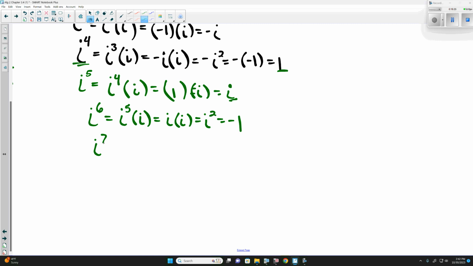So i to the sixth, we got negative 1. i to the seventh, well, i to the sixth times i is negative i. Anybody have a guess at what i to the eighth is going to be?